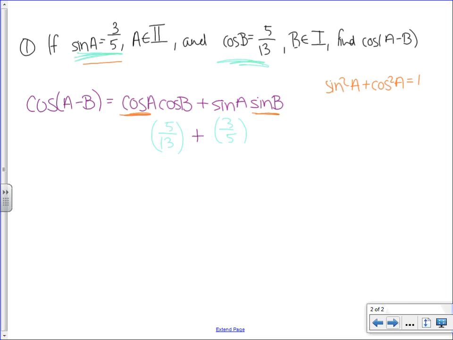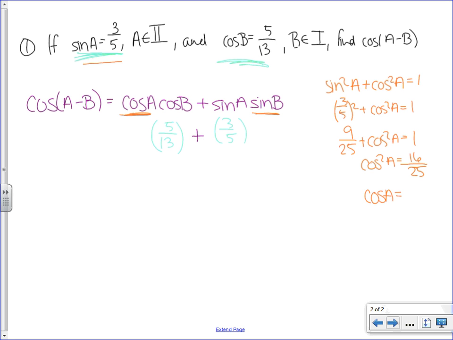So let's plug in. For sine of A, this is really 3/5 squared plus cosine squared A is equal to 1. So I get 9/25 plus cosine squared A equals 1. This gives me cosine squared A is equal to 16/25.